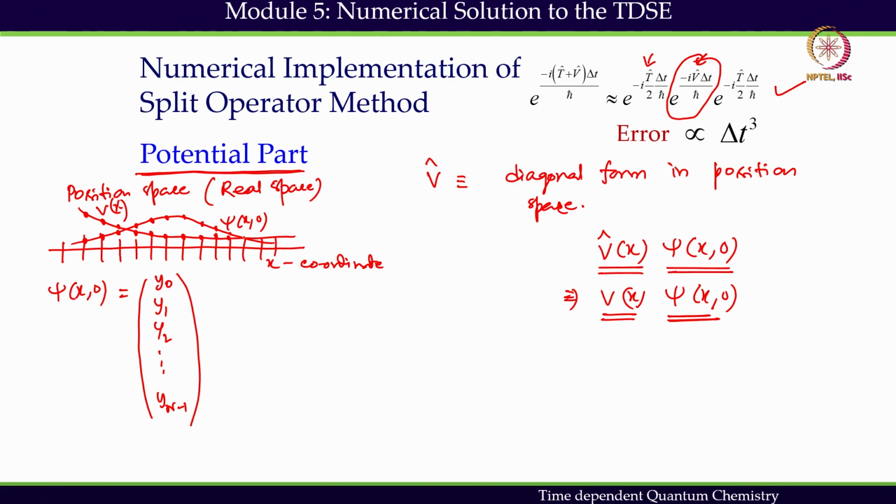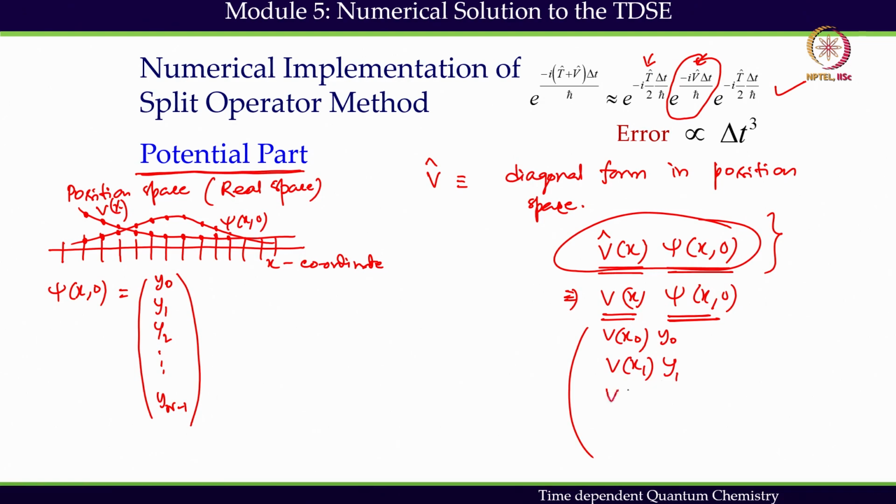If we multiply, then this function will be obtained. So the matrix representation of this part would be simply V(x0) multiplied by y0, V(x1) multiplied by y1, V(x2) multiplied by y2, like this. It is just multiplying corresponding elements.